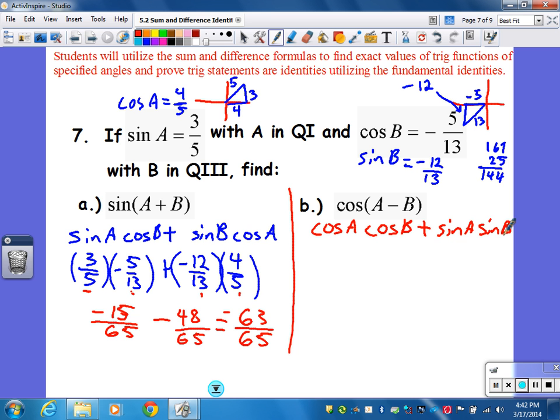Yeah, we do. We've already found all that. So cosine A is 4/5, cosine B is negative 5/13, plus sine A is 3/5, sine B is 12/13.